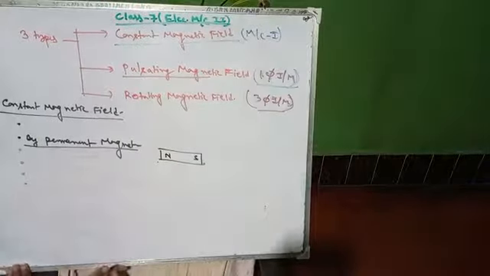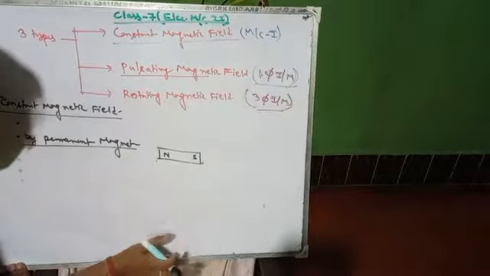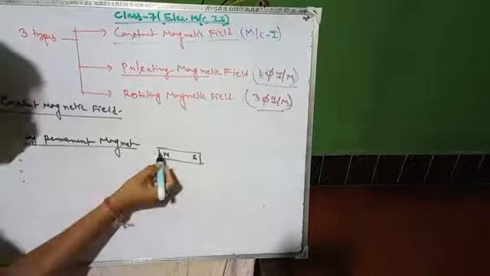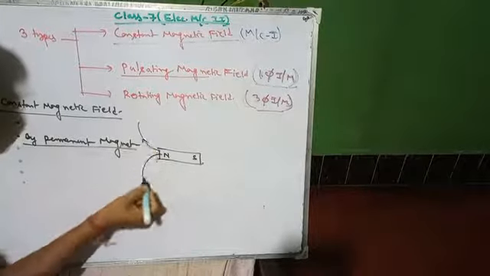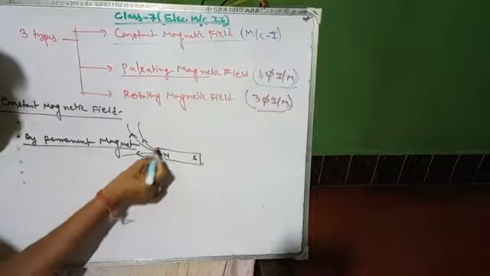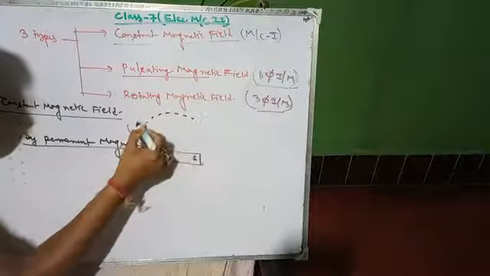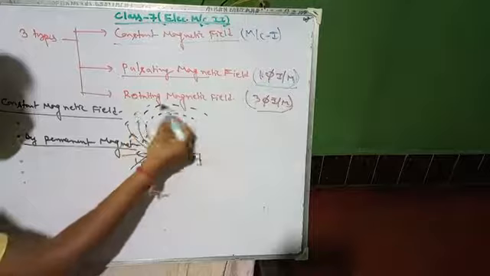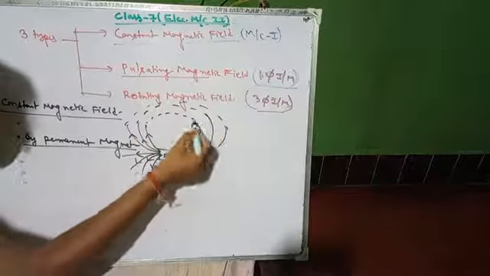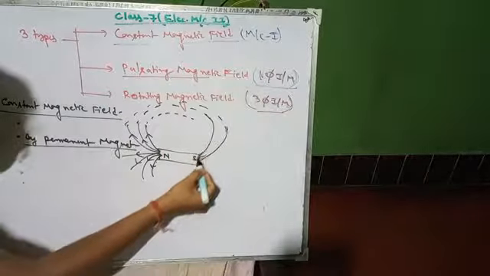So how is the magnetic field produced? All of us have a very basic idea that the north pole always emits the flux, and the flux moves through a certain path and is absorbed by the south pole.